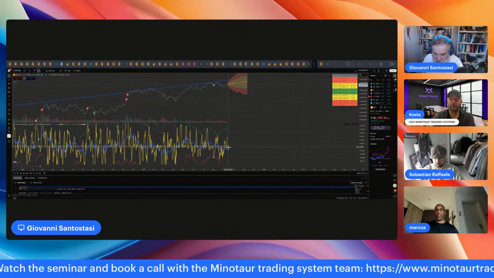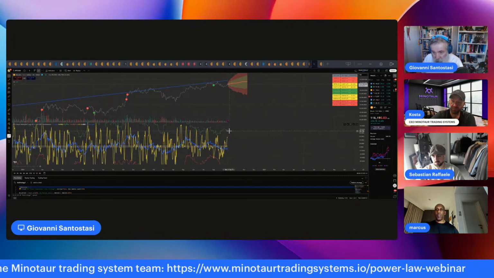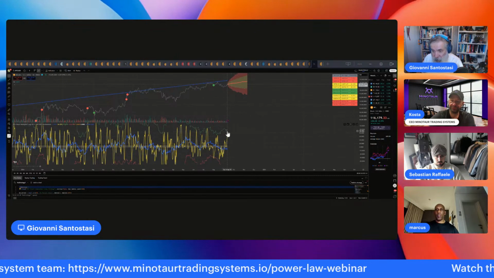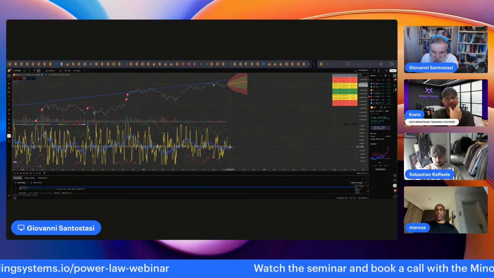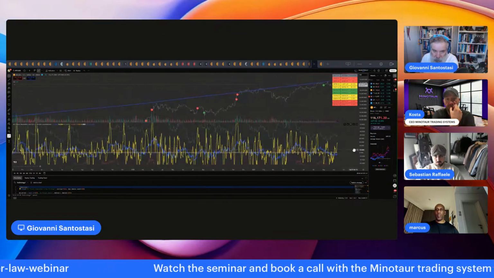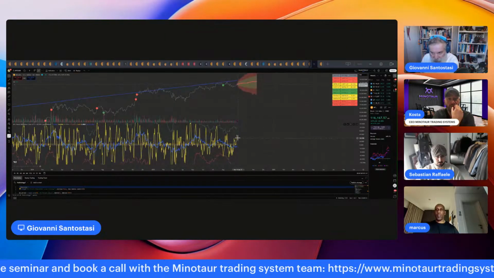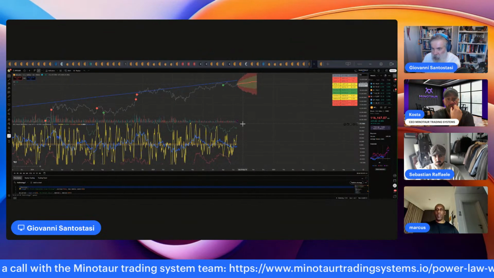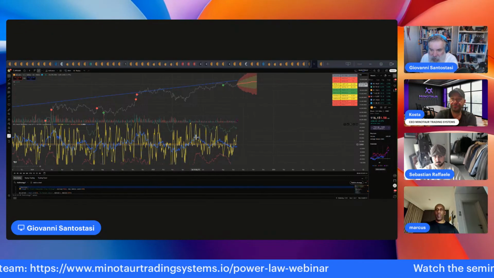If you go far away from the power law average, it means that we are in bullish territory. It seems usually that when we reach this green region, we come back. Unless, in the past, during the bull runs, this value went crazy, all the way to 200. But we are not doing that right now. We are staying within this range.